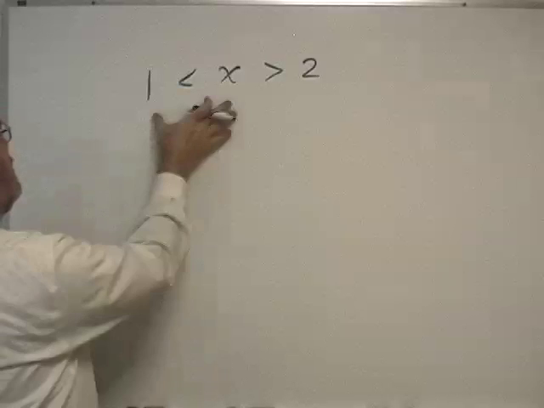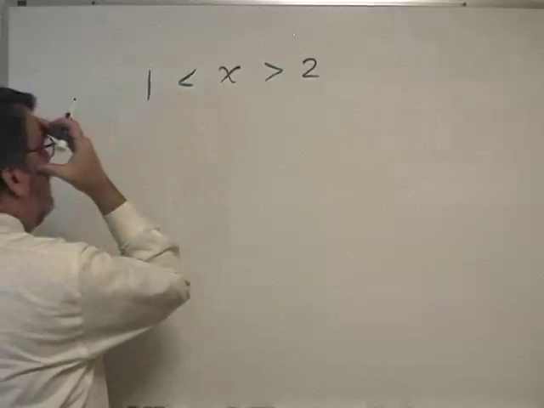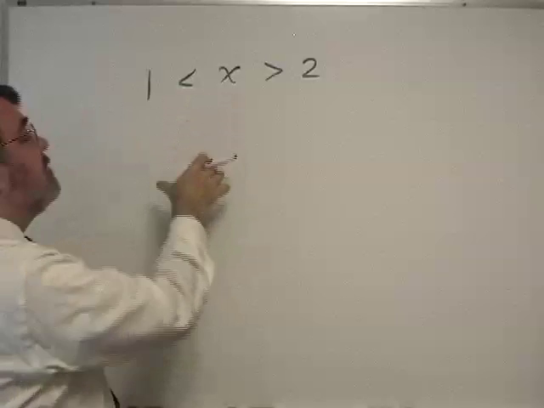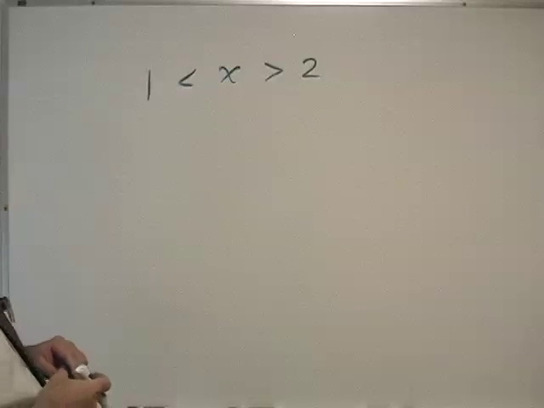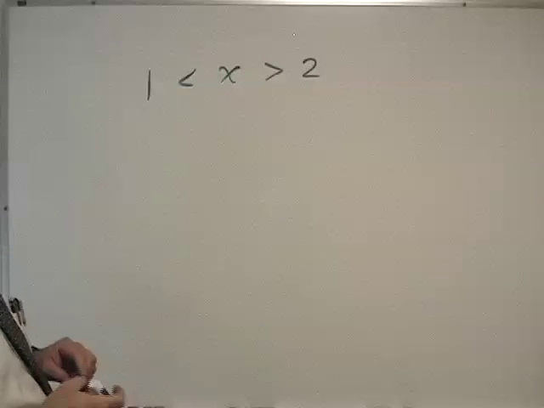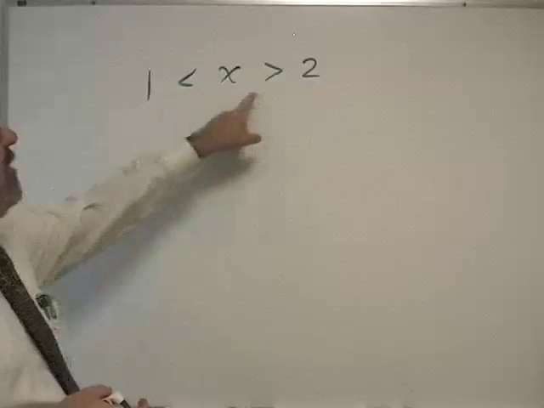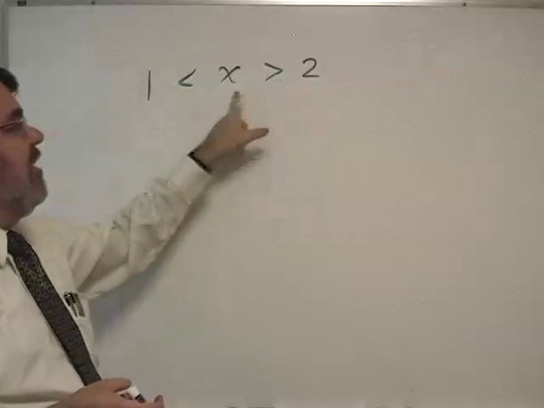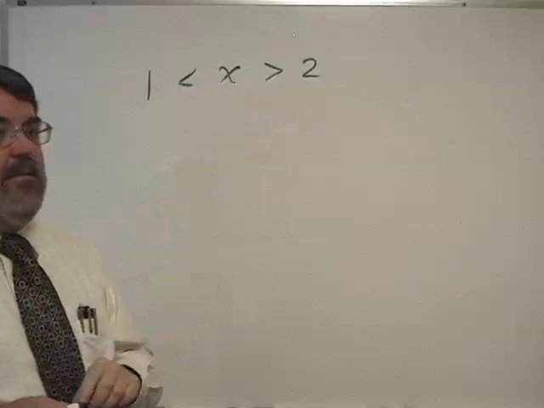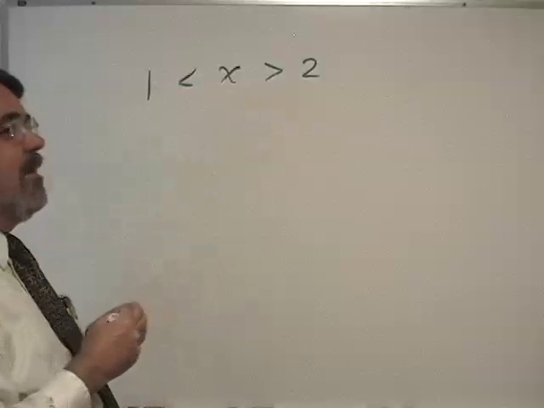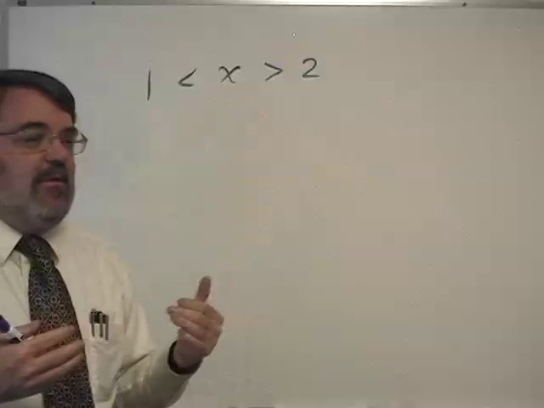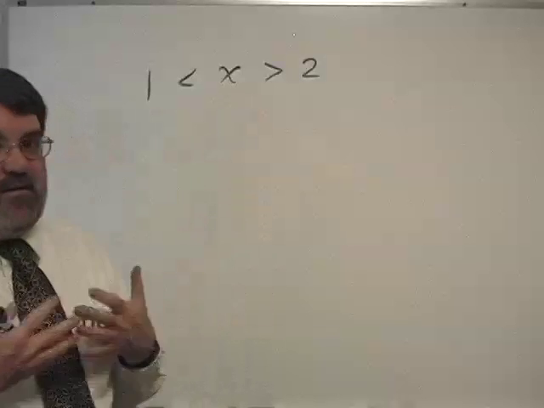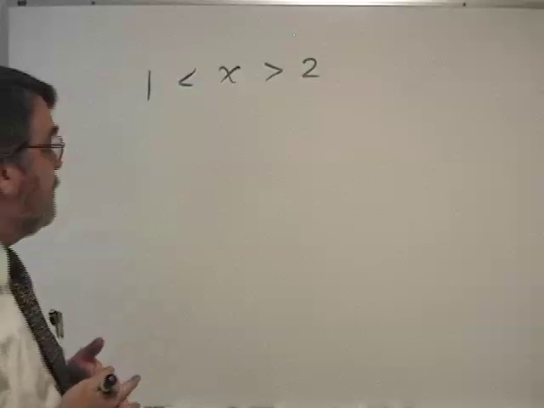Well, 1 less than x means that x is greater than 1. x is greater than 2. Okay, so I guess this probably means x is greater than 2. But it's kind of crazy because how do you go from 1 to 2 here? So I would be real careful, leery about that kind of situation. If you end up with a problem where these inequalities are not going in the same direction, then you have probably made a mistake somewhere in solving.